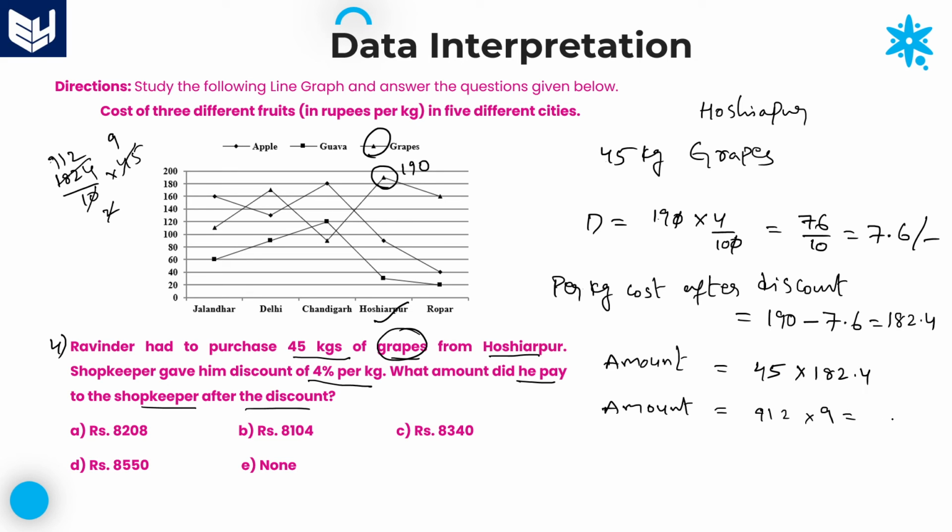Here 9 2s are 18, and next 9 1s are 9, 9 plus 1 is 10, again 1 carry forward, 9 9s are 81, 81 plus 1 is 82, so 8208, that is the total amount he needs to pay after giving 4% discount per kg. Therefore the required answer is 8208. Among the options, option A is the right answer for this question.